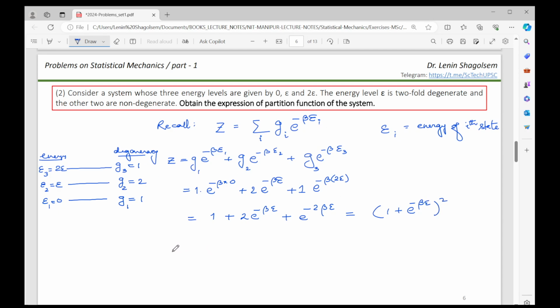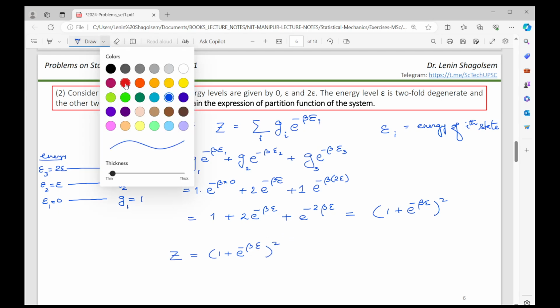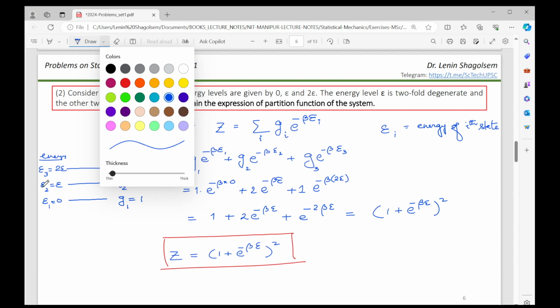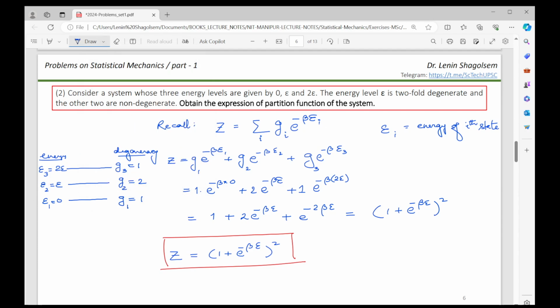So the partition function of the system is simply 1 plus e to the minus beta epsilon whole squared. This is how we calculate the partition function. This is the answer. So now we are done with the second problem.